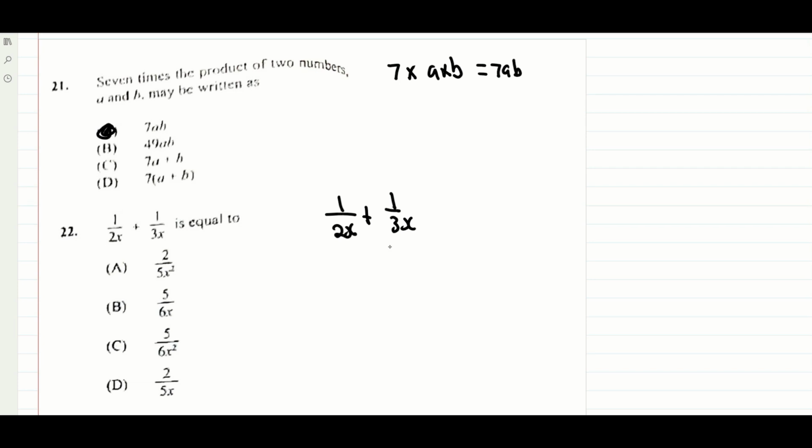If we know our fractions, we have to find the LCM or LCD of 2x and 3x, which is 6x. 2x going to 6x 3 times, and 3x going to 6x 2 times. So it's going to be 3 plus 2, which is equals to 5 over 6x. So that is B is your answer.